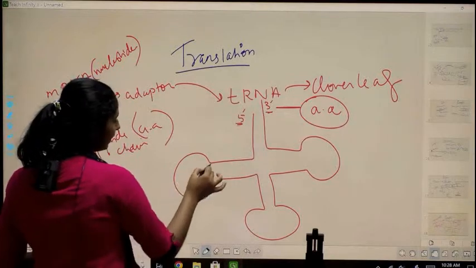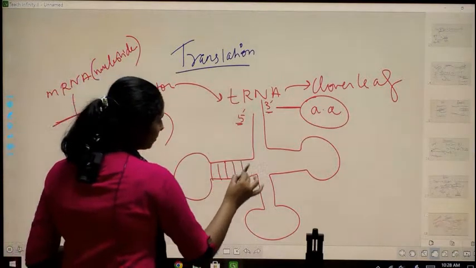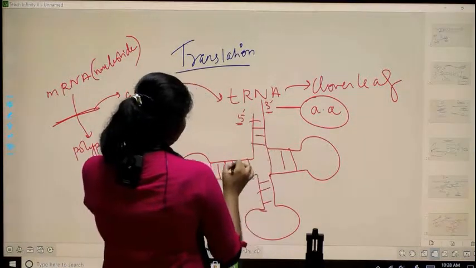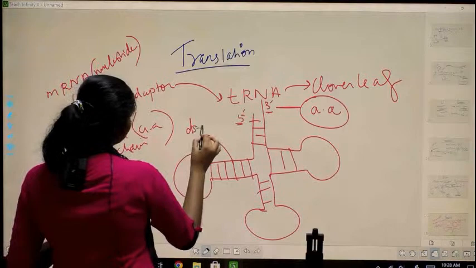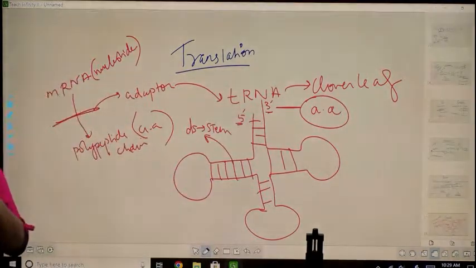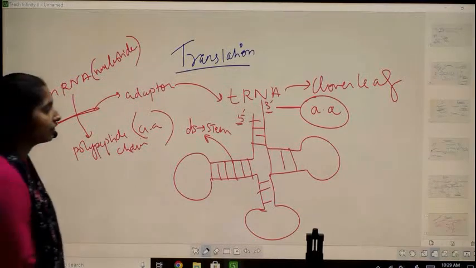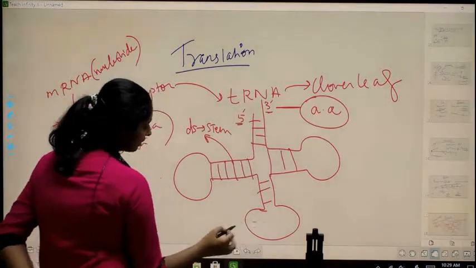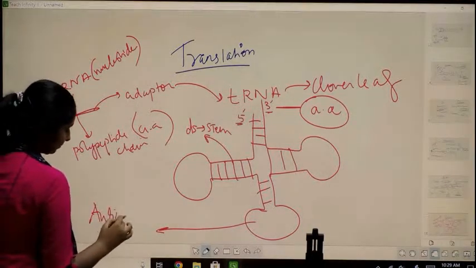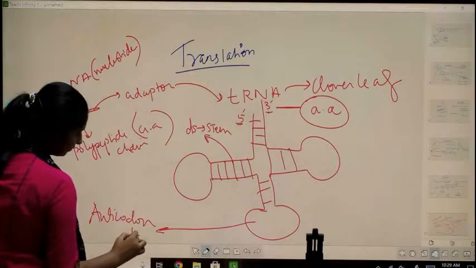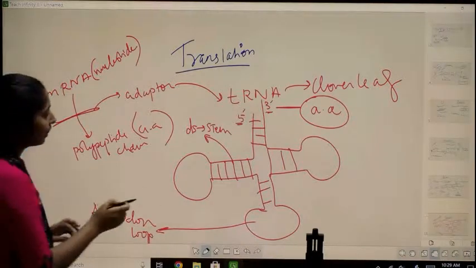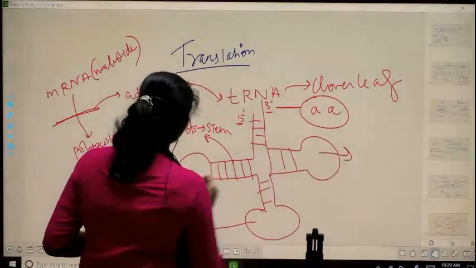And we see that it has certain double-stranded regions. The double-stranded regions in tRNA are known as stem. And then we have certain loops, right? This loop right here is the anticodon loop. And then we have T and D loops.